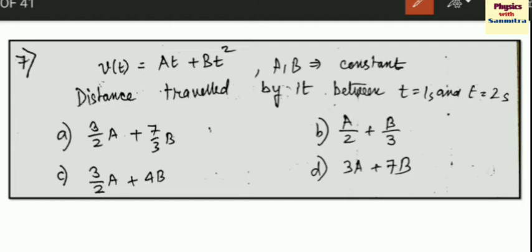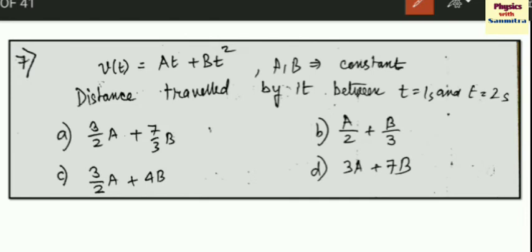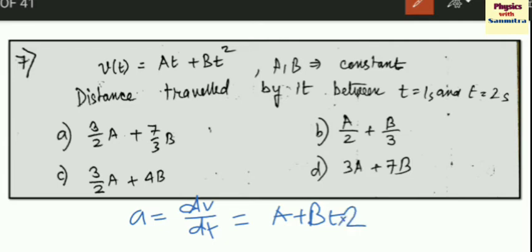There are some students who will do it like this. Acceleration will be dv by dt, that is A plus 2Bt. Then they will put t is equal to 1, t is equal to 2, and just write v is equal to u plus at.